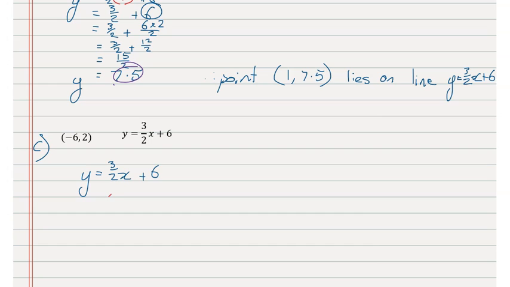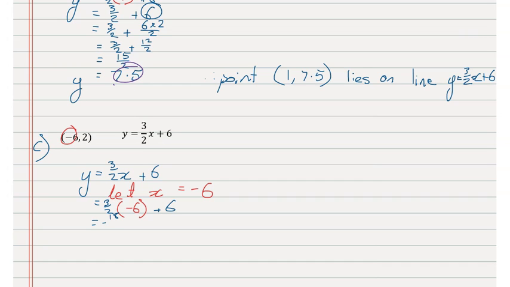Then I'm going to say let x equal the x value here, which is negative 6. Putting it all back together, 3 over 2 multiplied by negative 6 plus 6. 3 times negative 6 is going to be negative 18.